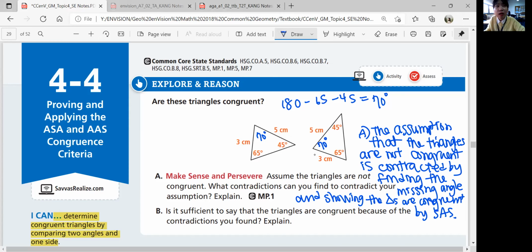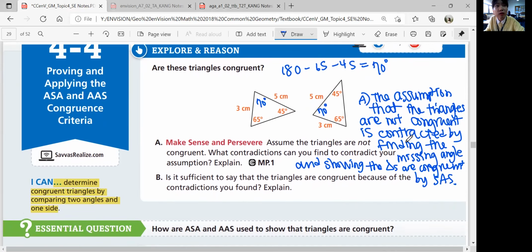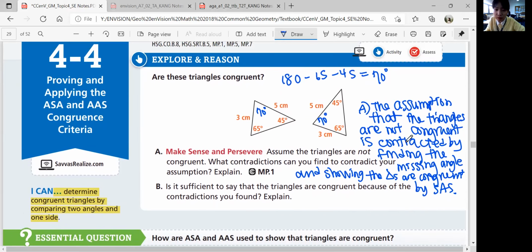Okay. Is it sufficient to say that the triangles are congruent because of the contradictions we found?